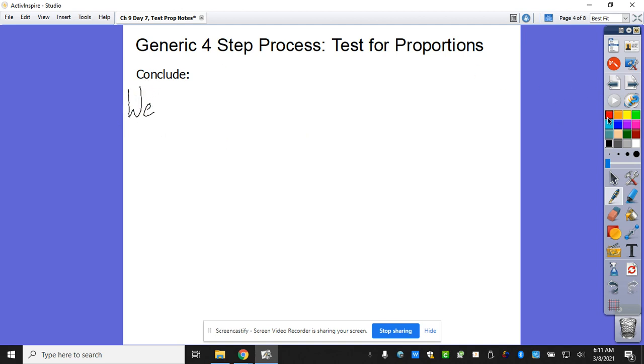So we either reject or fail to reject. What is it that we're rejecting or failing to reject? The null hypothesis that p equals whatever this number was.